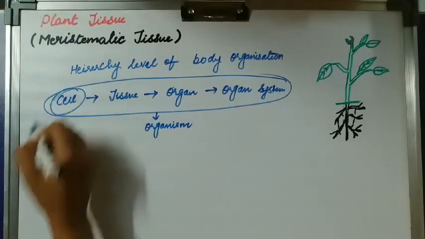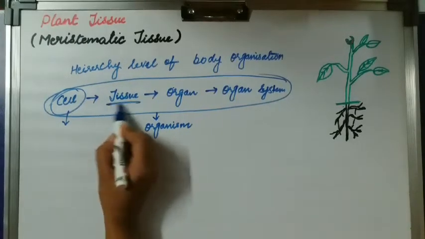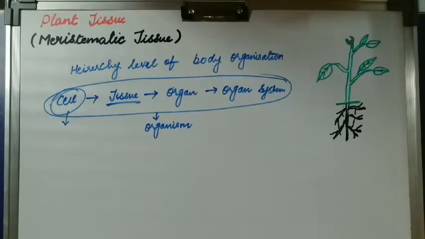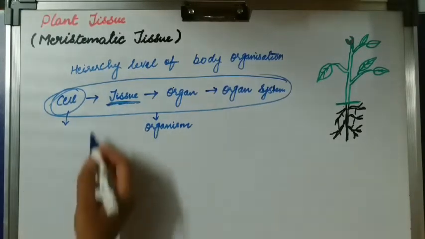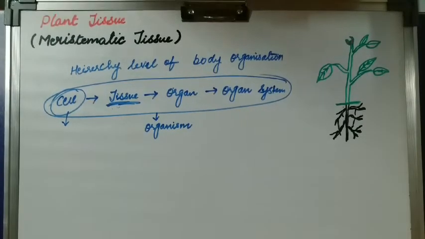We had come across almost each and every aspect of the cell. Now the time has reached for the tissue. So when I gave you the very brief description, I said that the tissue has come from the cell. The question arises, how has the tissue come from the cell?